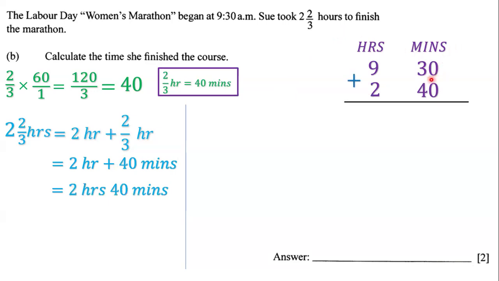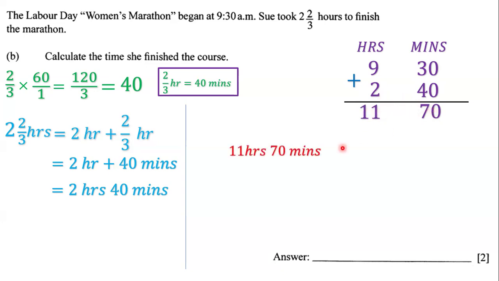That's why we needed to express 2/3 in terms of minutes, because it helps us when it's time to add. We have 30 plus 40, which is 70, and 9 plus 2, which is 11. And so we have 11 hours and 70 minutes.